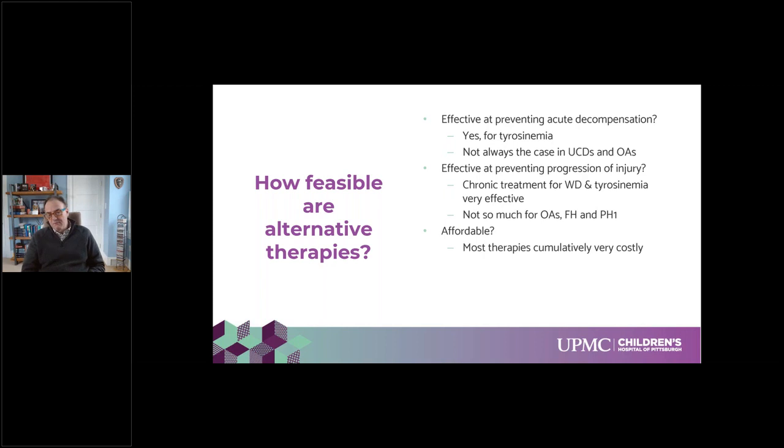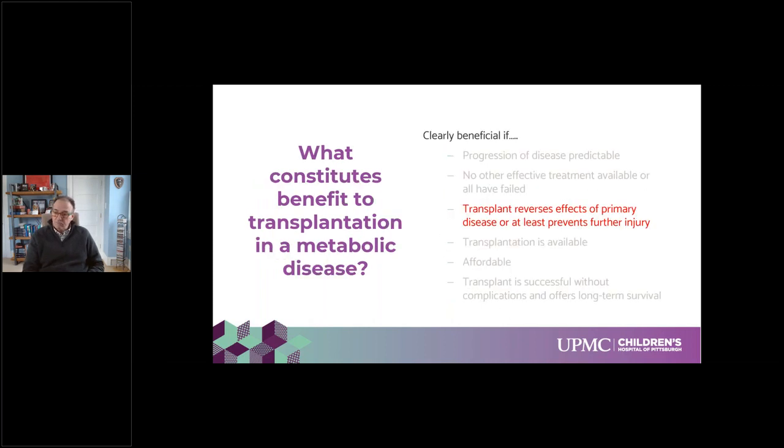Are they affordable? Well, most of these therapies are cumulatively very costly over a whole lifetime, and they can be extremely onerous. All-day phototherapy for the older child with Crigler-Najjar, complex and restricted diets, weekly apheresis can be very difficult for patients and families to maintain.